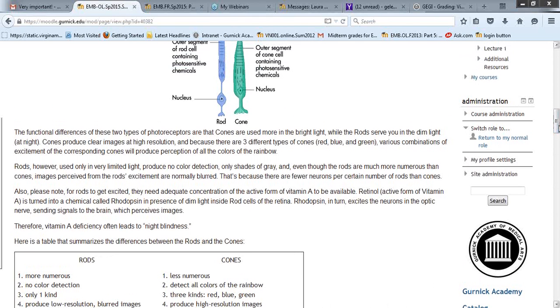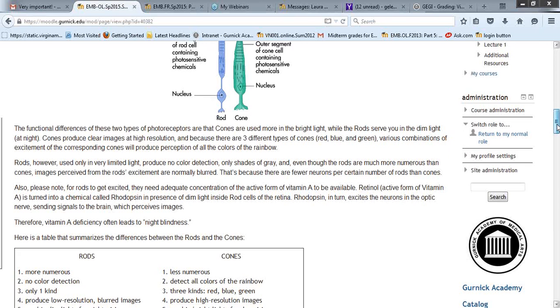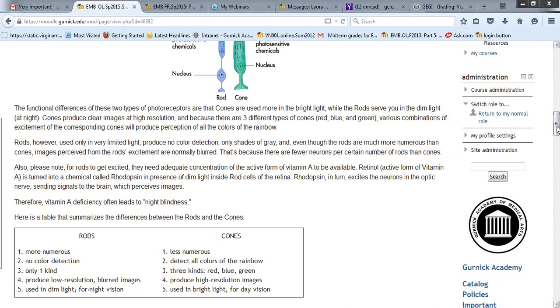Okay. Now let's go back to the cones. The cones, again, are named after their shape, and you don't have as many cones as you have rods because they don't need as much stimulation. You use rods in the dark, and you need to use a lot of rods to produce images in the dark because there's not a lot of light.